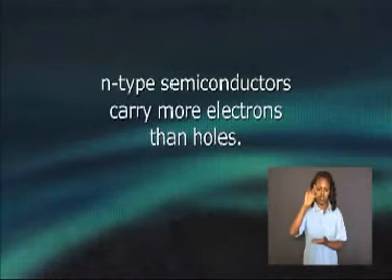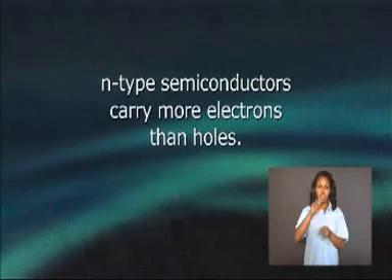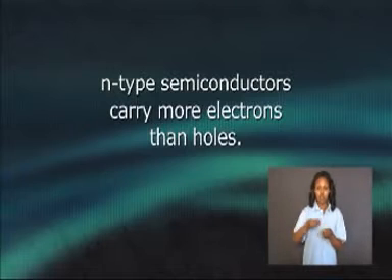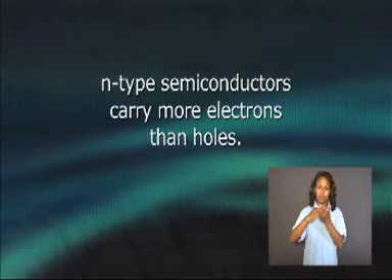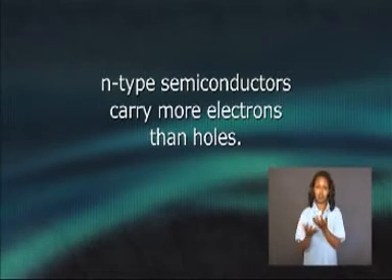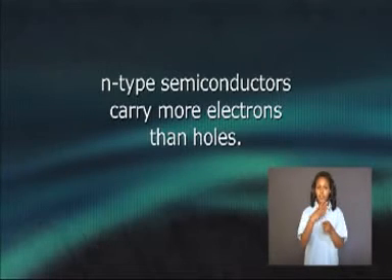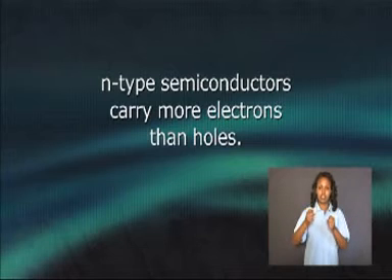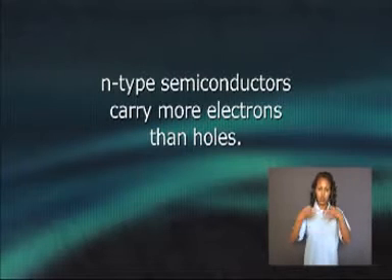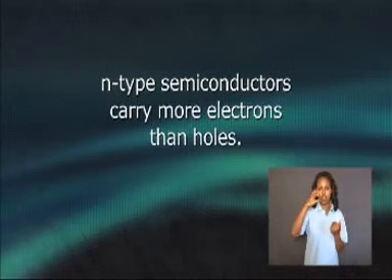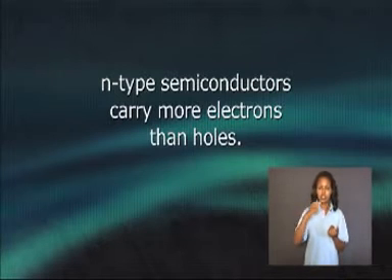They are called N-type semiconductors because more than half of the carriers inside the material are electrons. N-type semiconductors are said to have electrons as their majority carriers and holes as their minority carriers.